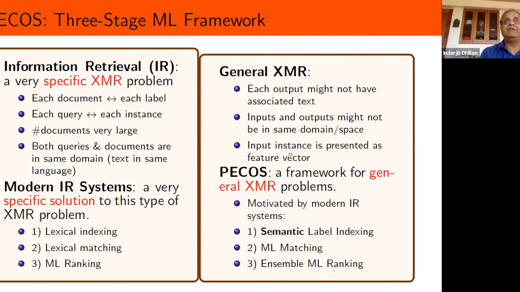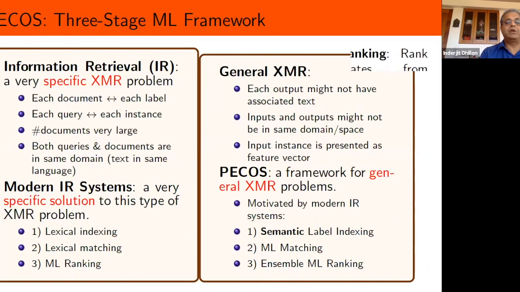But despite these differences from an information retrieval problem, we are actually motivated by these modern IR systems, and PECOS has a 3-stage framework. In the first stage, it does semantic label indexing. In the second step, you do matching, but in a machine learned manner. And then finally, you can do a machine learned ranking method, except that you have the ability to take ensembles of different methods.